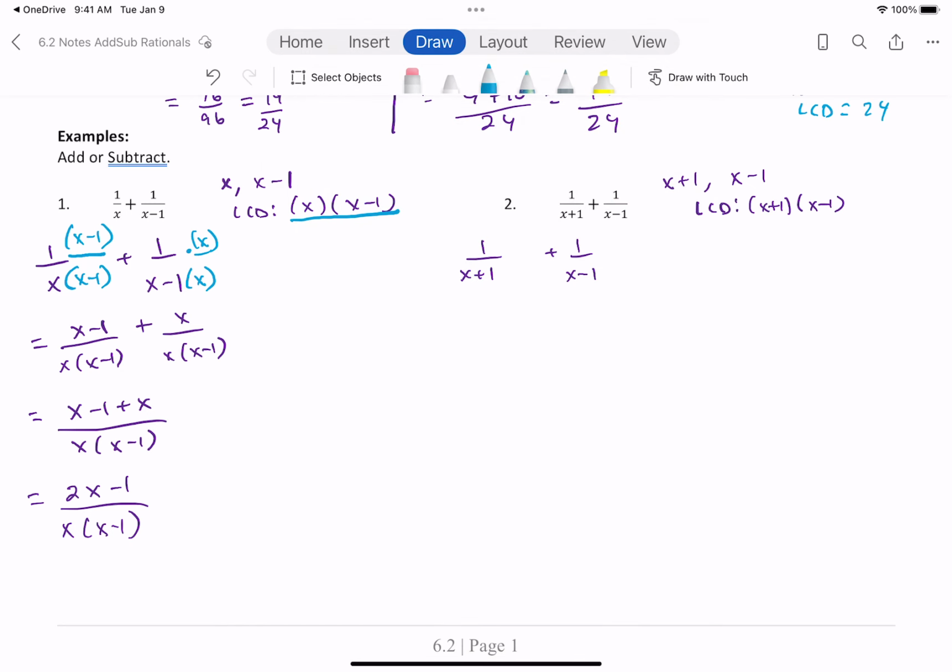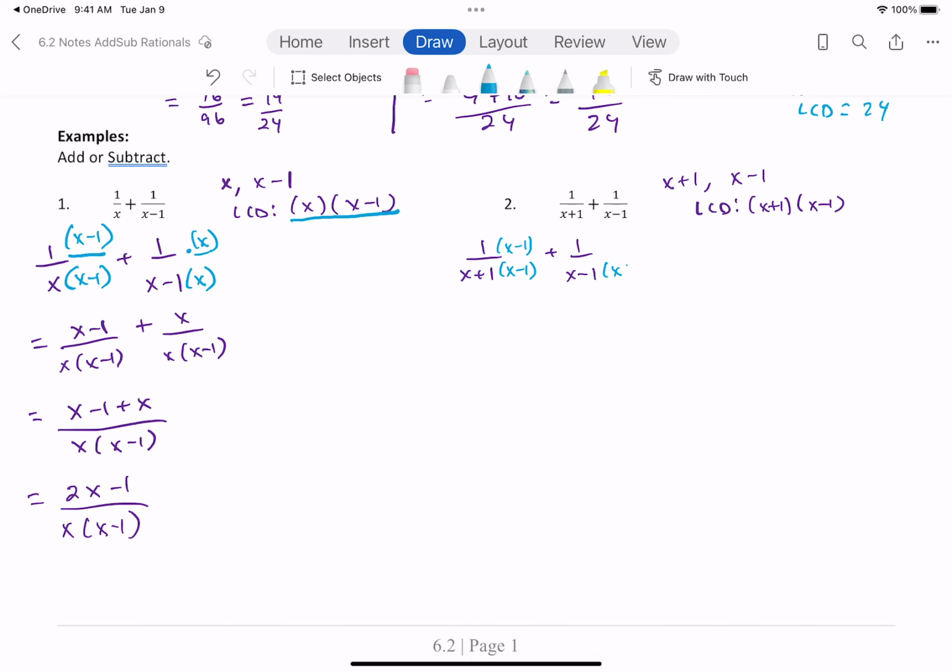Alright, so to get the first fraction to have that LCD, I have the x plus 1. I'm going to need the x minus 1, which means I have to do it also in the top. And then for the second fraction, I have the x minus 1.